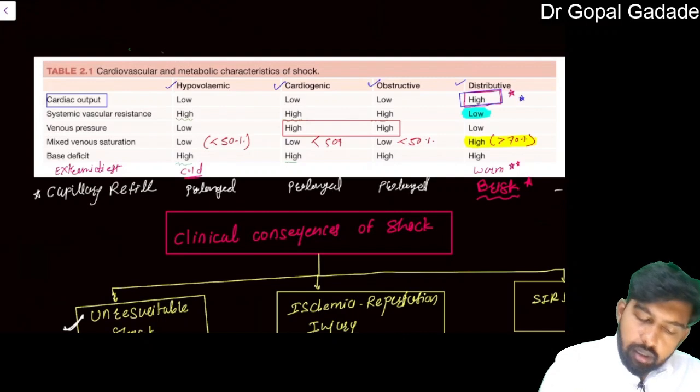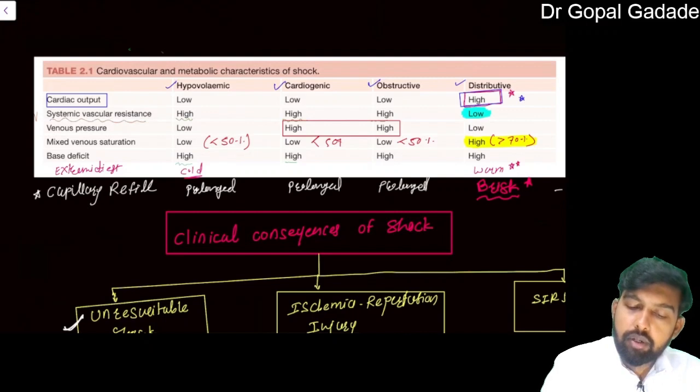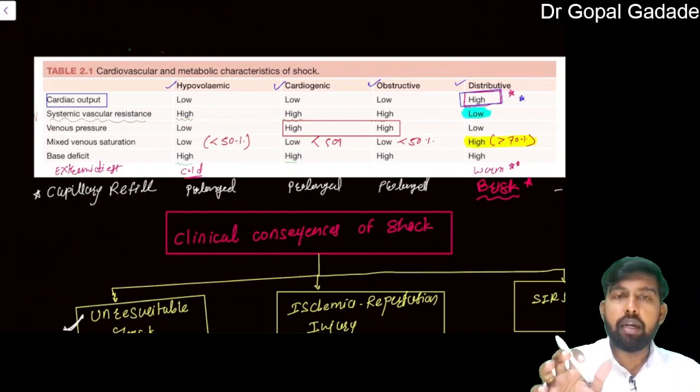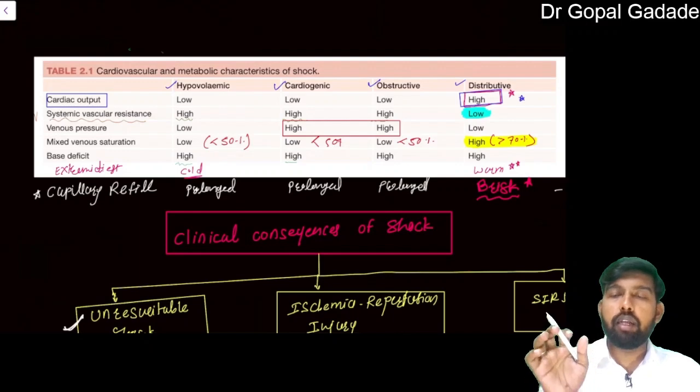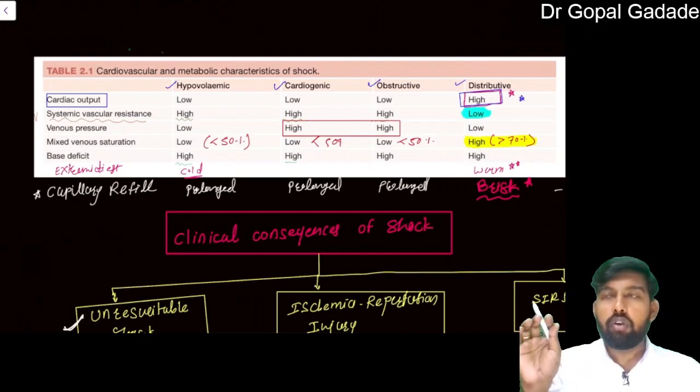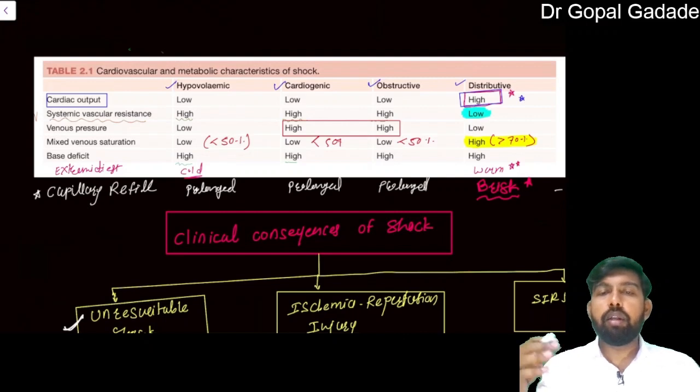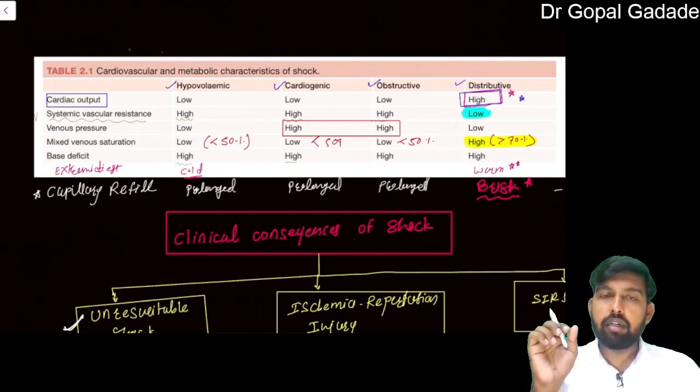The same is true for systemic vascular resistance. Because of hypovolemia or cardiogenic shock, the body tries to decrease blood to the non-vital organs and increase blood to the vital structures by redistribution of blood. It causes vasoconstriction at the periphery and diverts the blood to vital organs like the heart, kidney, brain, and liver, trying to compensate for organ failure by increasing the vascular resistance.